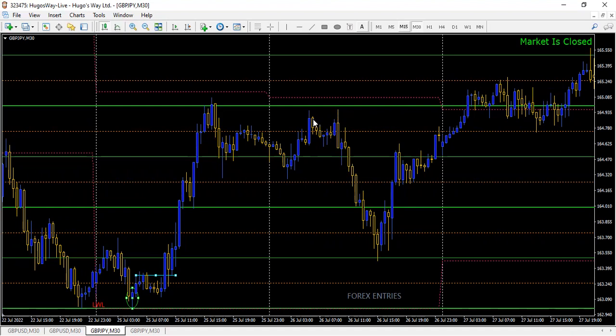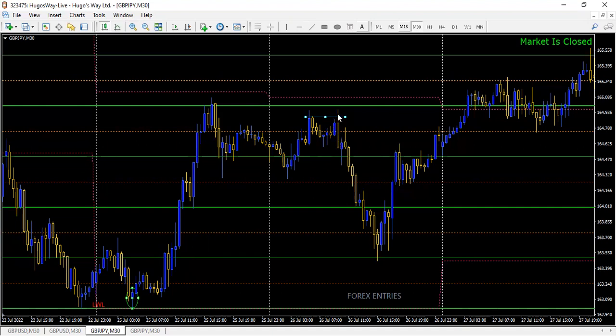Okay, we come right back up to the same spot that we stopped at during Asian session. Same spot. So now we're making a double top formation. Same exact thing.